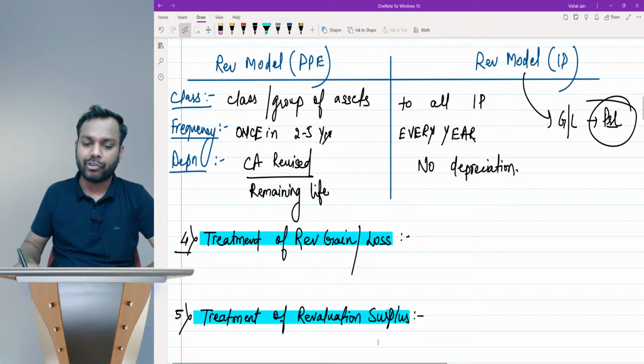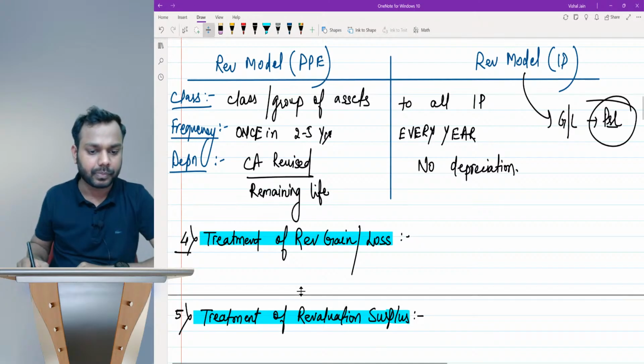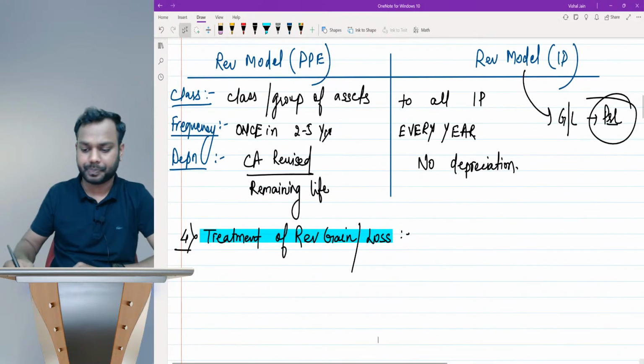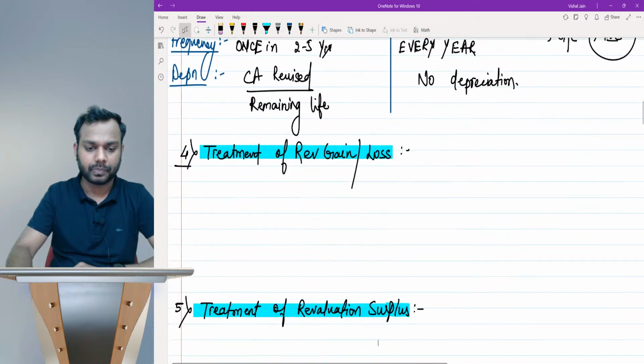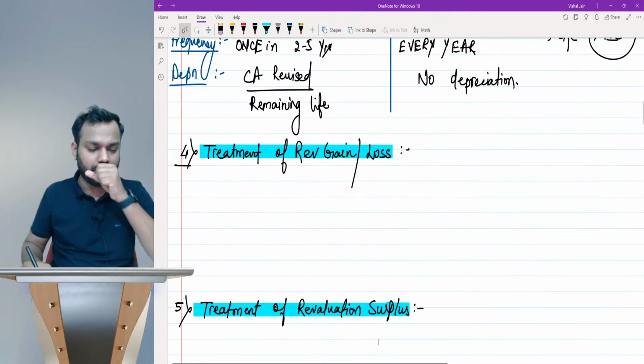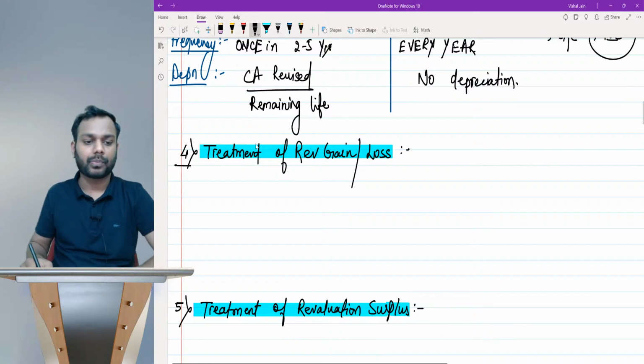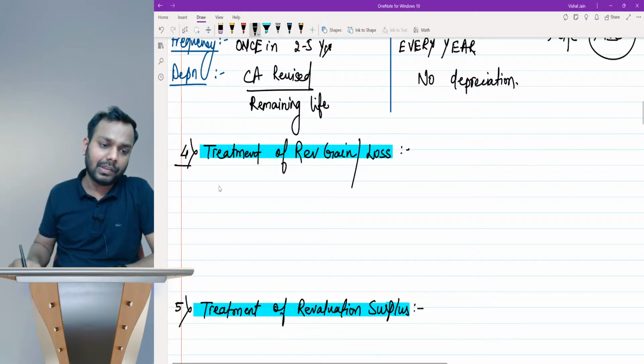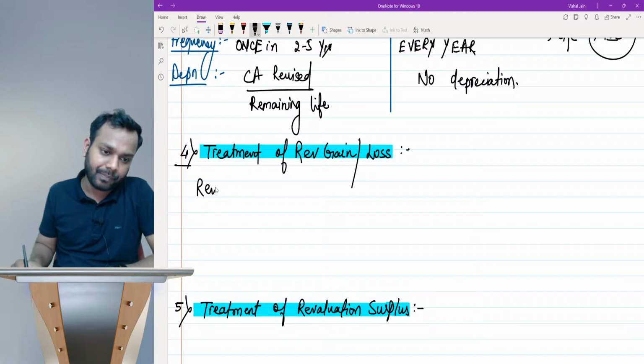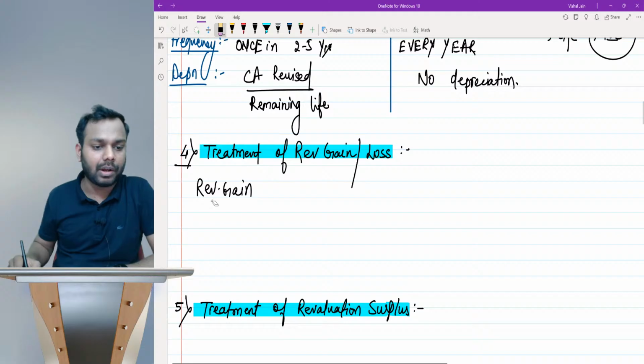Now, treatment of a revaluation gain or loss. Okay, now let's understand this one. As you know, I will just follow the method which I have used in the class.